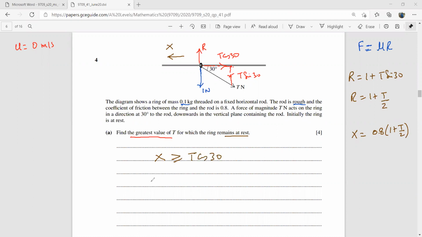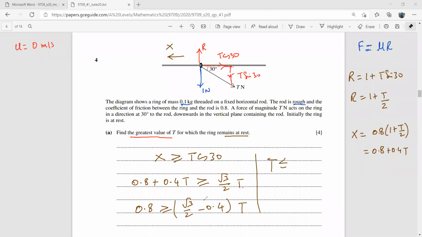Okay, so X is 0.8 plus 0.4T, because if you simplify this, this is 0.8 plus 0.4T, and that is greater than or equal to root 3 over 2 T. Okay, so let's write it this way. 0.8 is going to be greater than or equal to root 3 over 2 minus 0.4, I'm taking this T as common here. Now please people tell me, what is this? T is going to be less than or equal to, can you simplify this? 0.8 over root 3 over 2 minus 0.4 here. Yes. What is this T, guys?